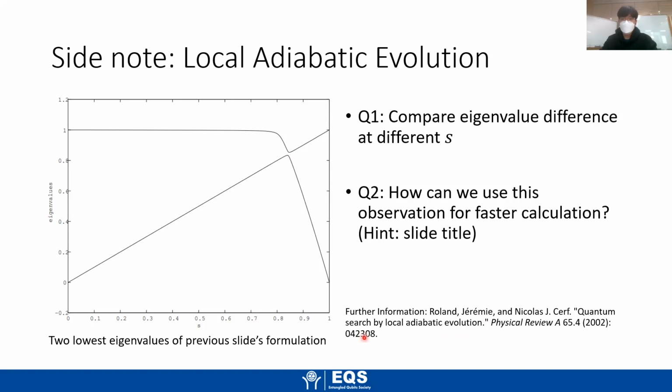So if anyone's interested, I would like to suggest this paper. It goes into much more detail about how we can change the S to get a better computation time. Okay, so let's move on.